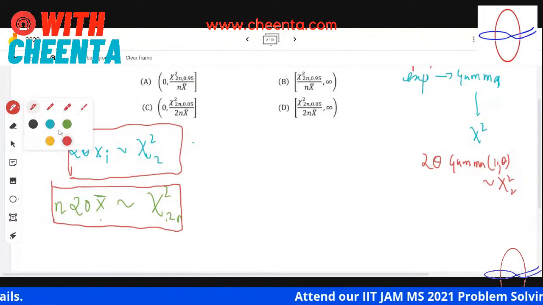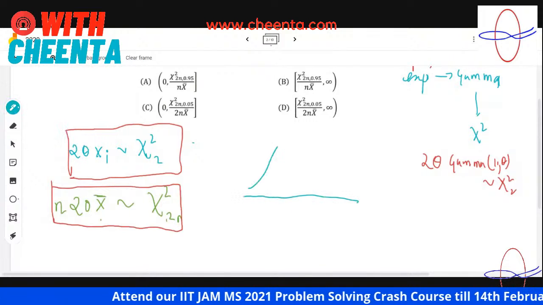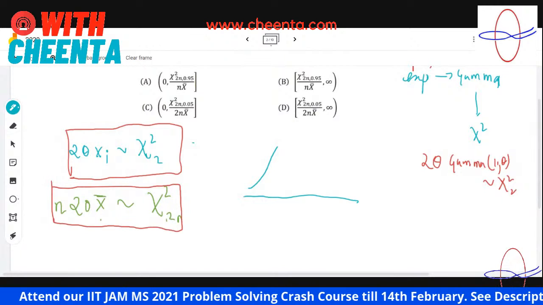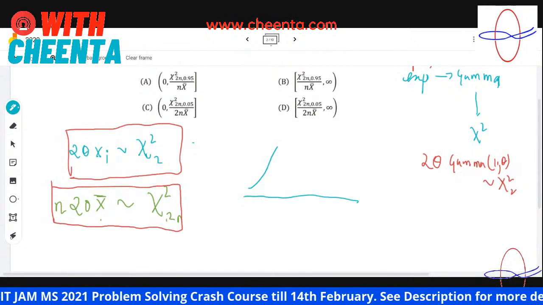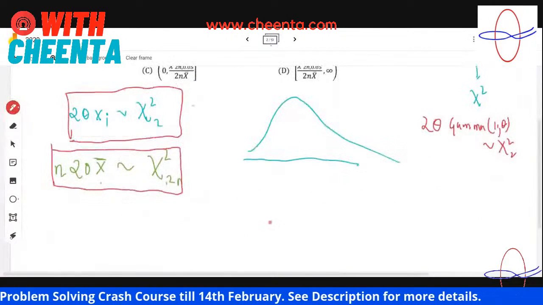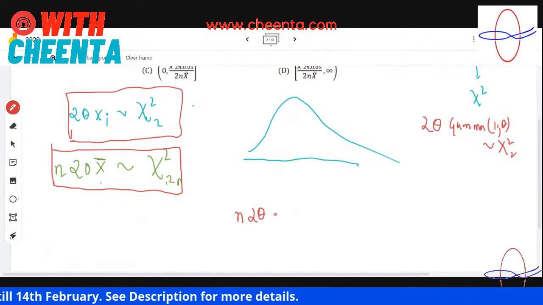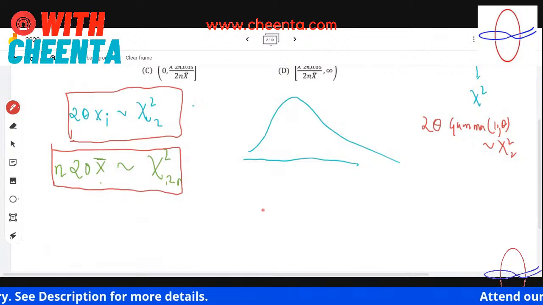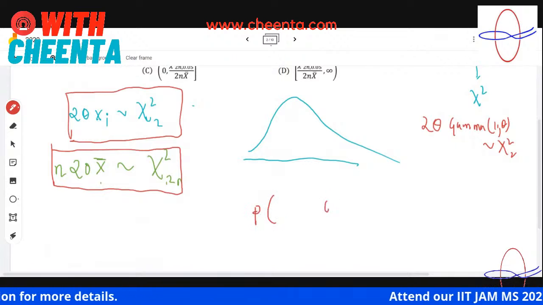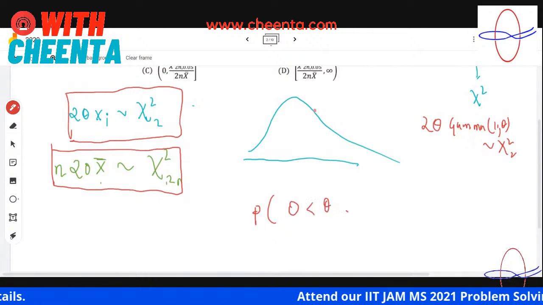So how do you find it? It's really easy. Therefore, for the 95% confidence interval, the probability that theta is greater than this and less than something.